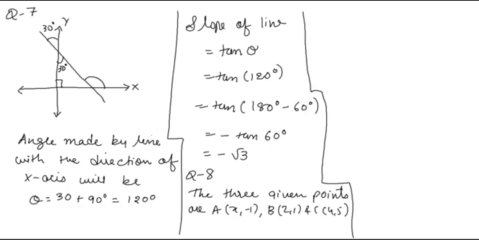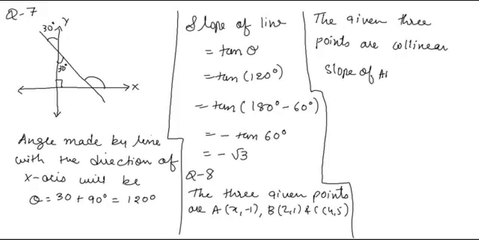And it is given that the given three points are collinear. So if they are collinear, then slope of AB will be equal to slope of BC.